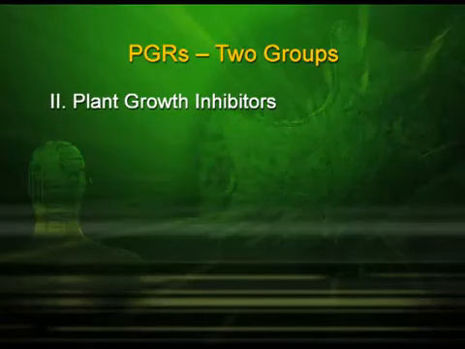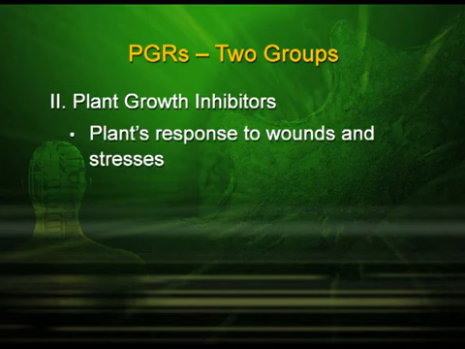That means they are going to inhibit some growth. It seems, why inhibition, why stopping? But there are certain points in plant growth where inhibition becomes important. For example, the plant's response to wounds and stresses.